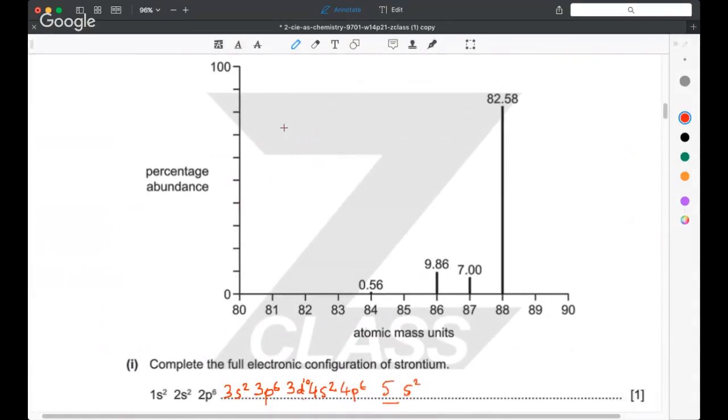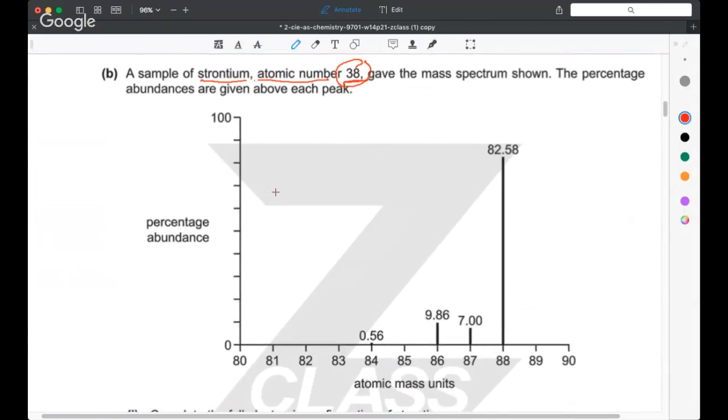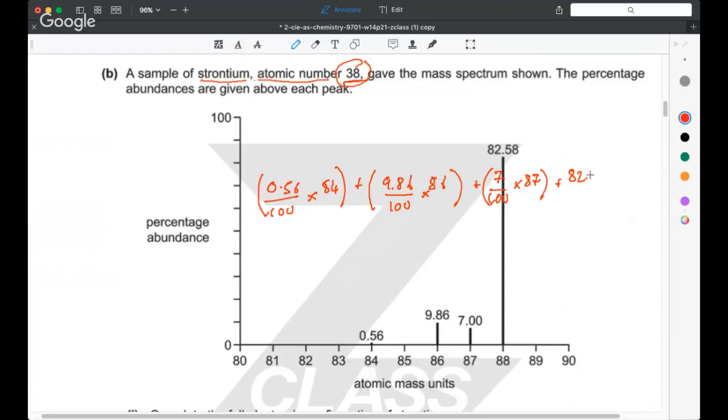So to do this calculation, you've got to have 0.56% of the relative isotopic mass of 84 plus 9.86% of the relative isotopic mass of 86 plus 7% of the relative isotopic mass of 87, and you've got the majority here, 82.58% of the relative isotopic mass of 88.